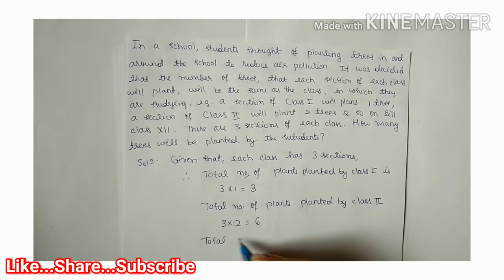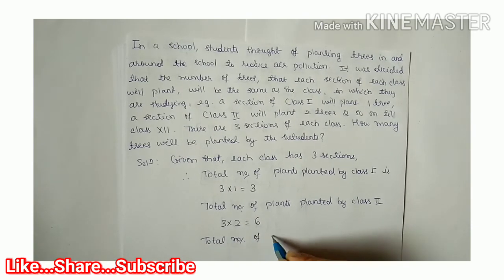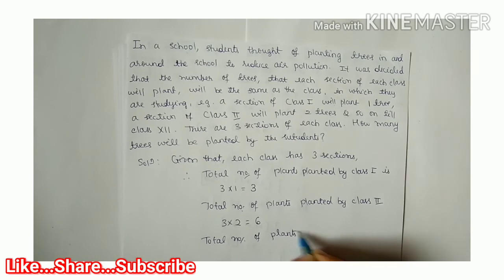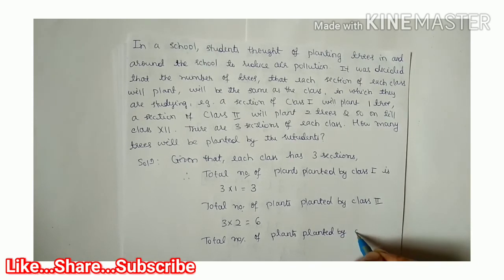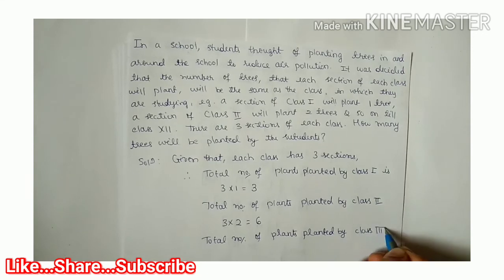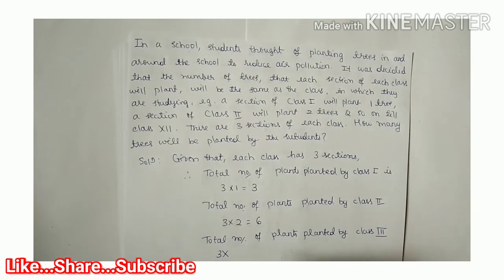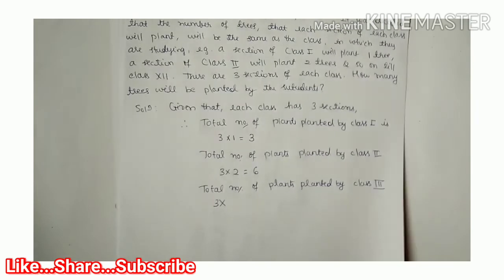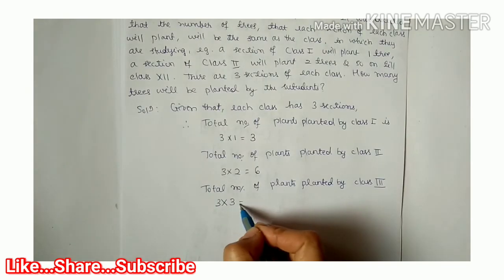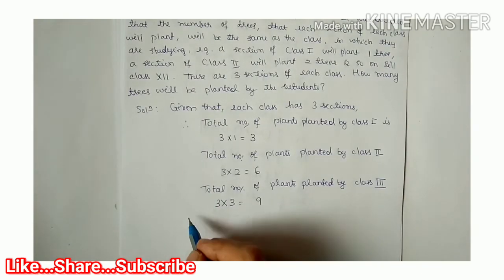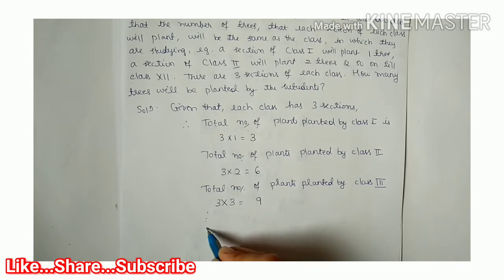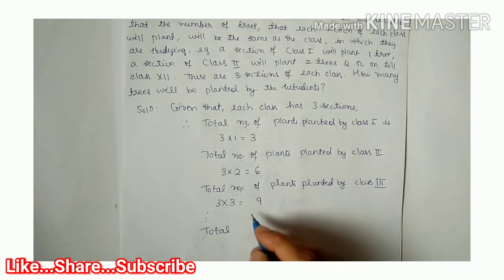Total number of plants planted by class third, 3 sections and number of plants 3, 9. And so on.